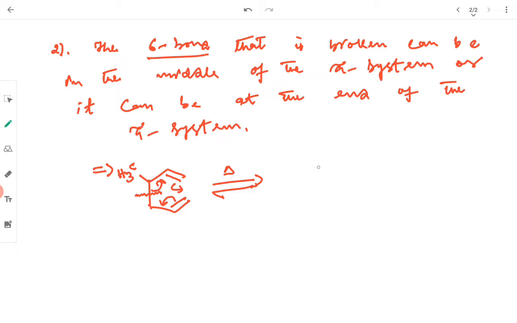So the product will be, here you will have a double bond. Okay, this is the new bond, and you have a double bond here. You have a CH3 group here. So I can write here, this bond is the new sigma bond. This bond here, you can see it's in the middle of the molecule.